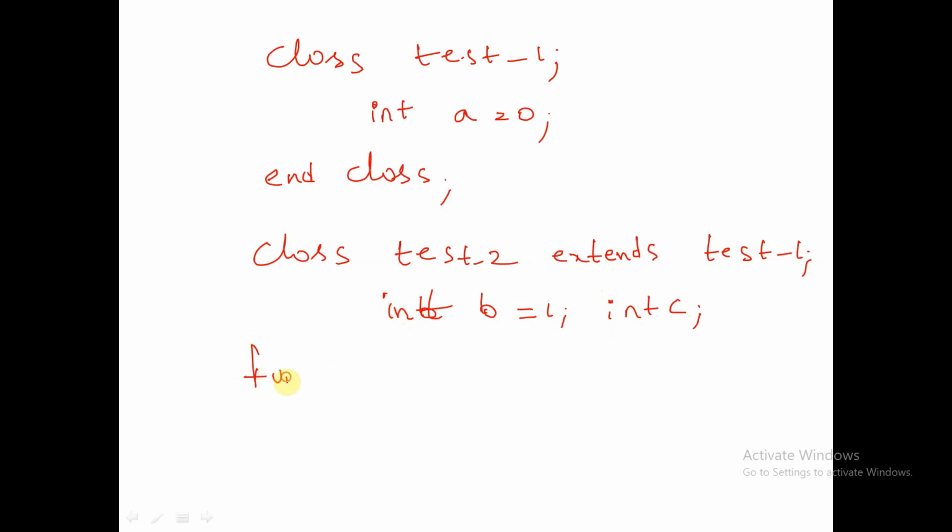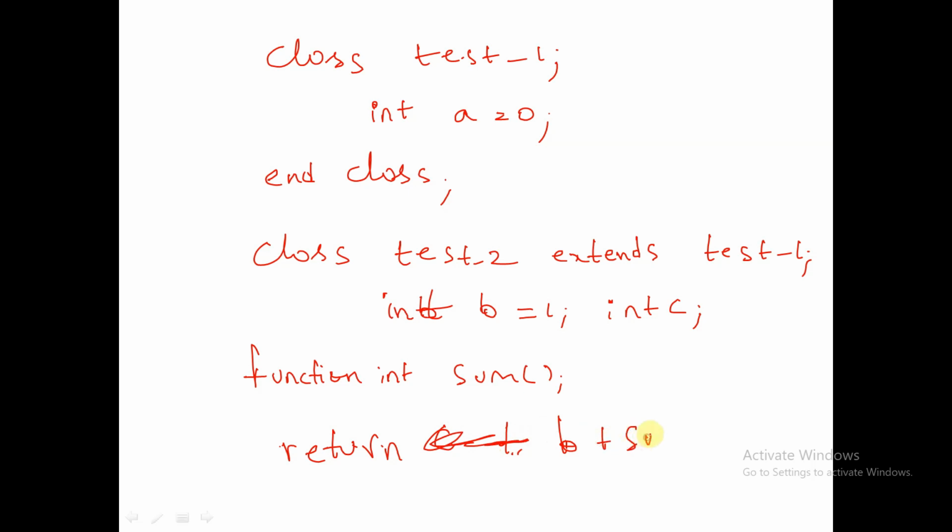So I'm writing a function, int sum, and inside this I'm going to return b plus super dot a.